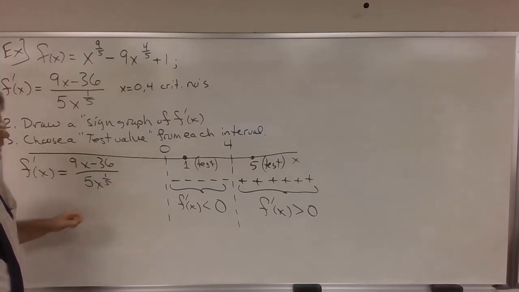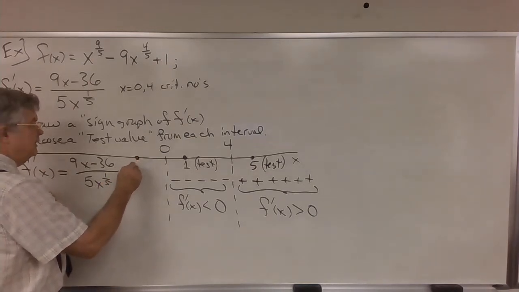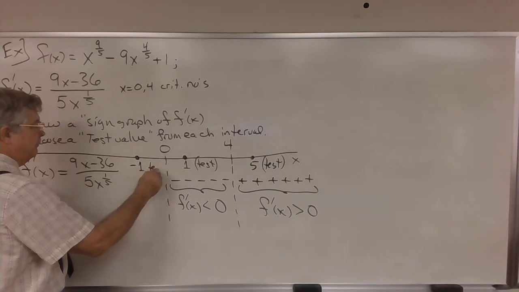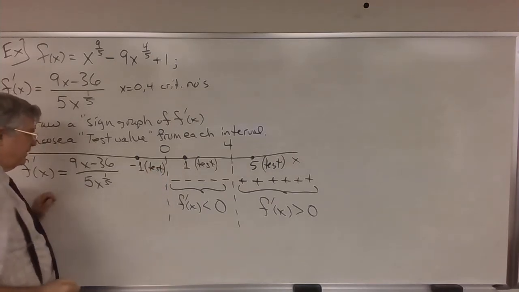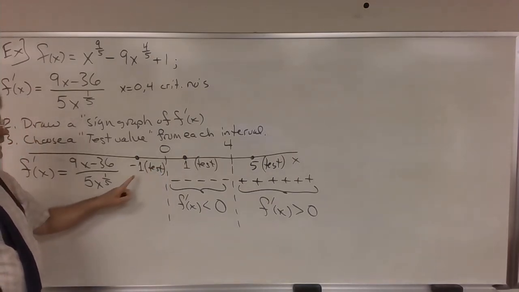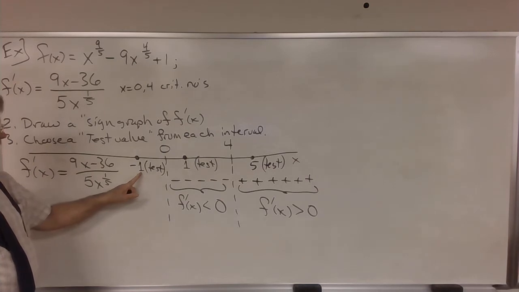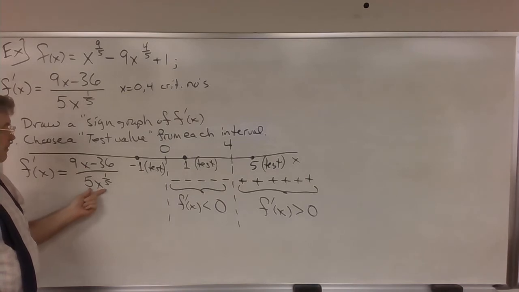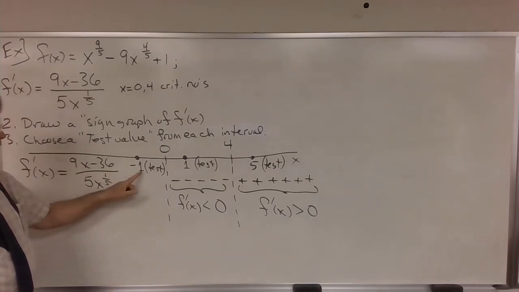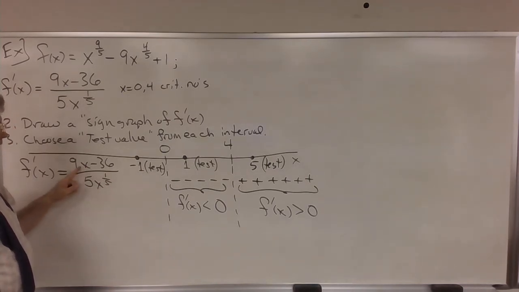And now we go over here. Negative 1 is a good test point. We can do this one of two ways. We can say this is negative and the fifth root of a negative number is negative. Or we can say, hey, I know the fifth root of negative 1. It's negative 1. Either way, the bottom is negative. And when we plug in negative 1 on the top, we get negative 9 minus 36 is negative 45.